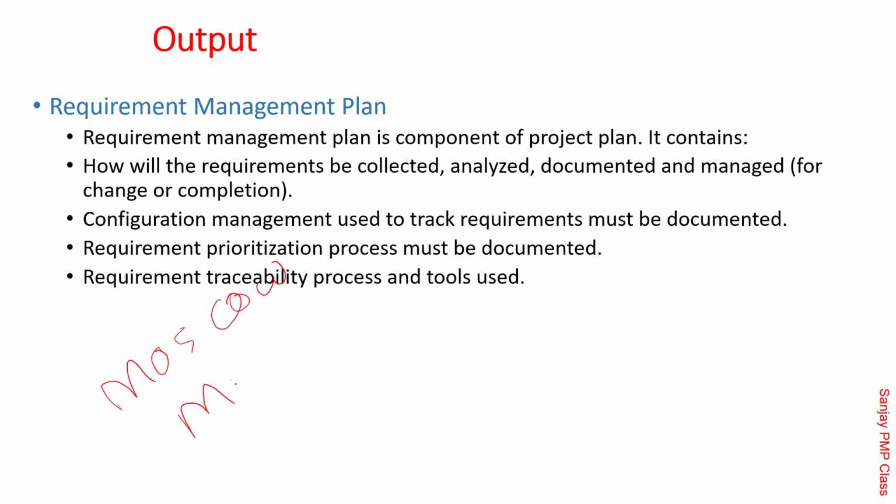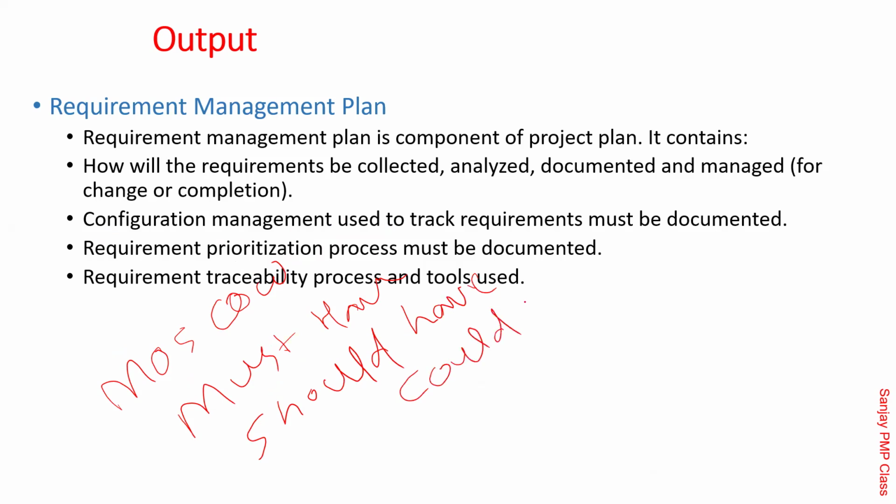It says that some requirements are must have, some are should have, some are could have or nice to have, and the last one is won't have, which means they are not going to be there. So each requirement, you call it must have, should have, could have, or won't have.